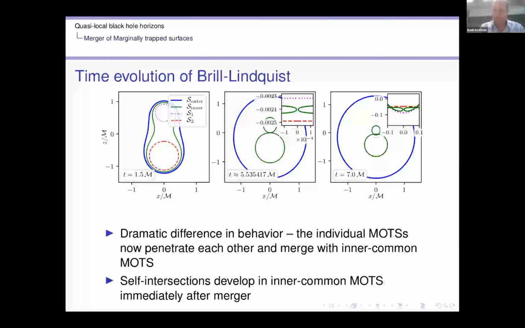The evolution proceeds, and at some point these two horizons, S1 and S2, come and touch each other. But in this touching process the green one, the inner common horizon, gets extremely distorted. It has almost a kink at this point, just close to the merger. This is a close-up of what is happening at the merger.